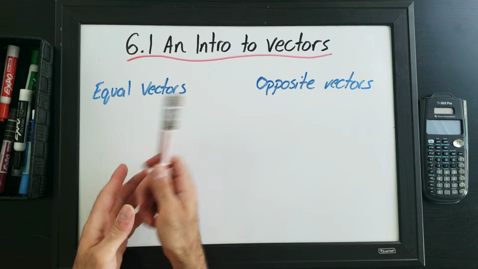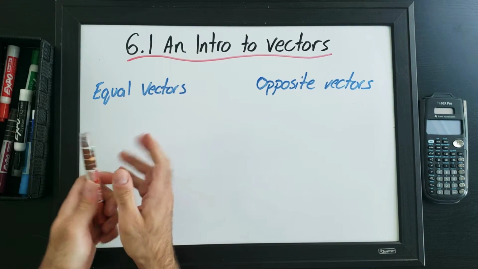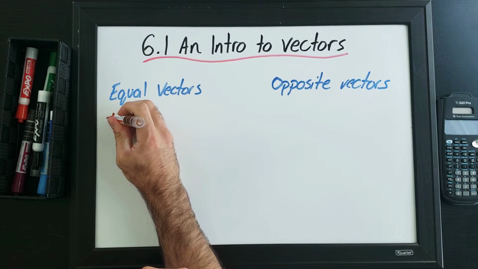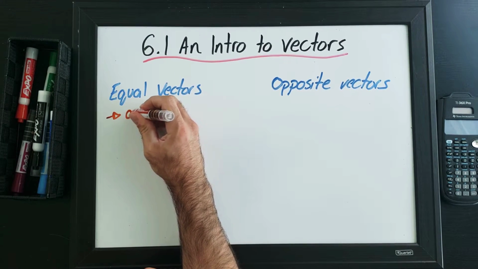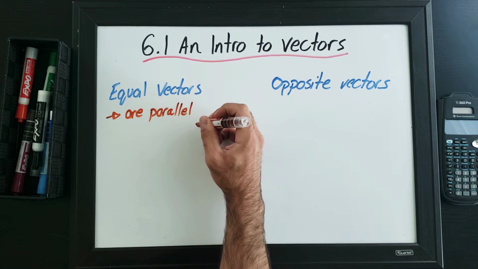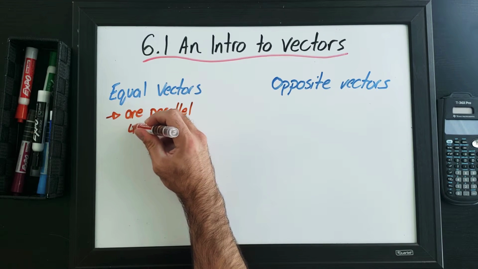Okay, now equal vectors and opposite vectors. So how do we know a vector is the same as another vector? So equal vectors always are parallel, which means they have the same direction.